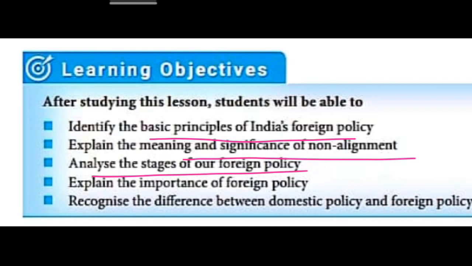Then, we can understand the importance of foreign policy. The last one, we can identify the difference between domestic policy and foreign policy. So, these are the things we can understand from this lesson.